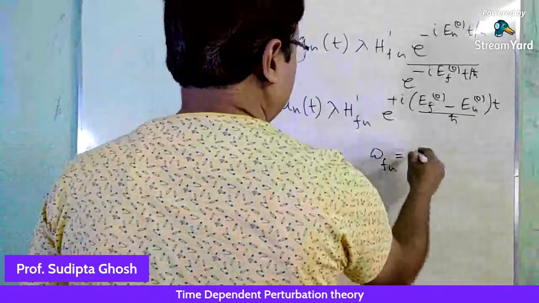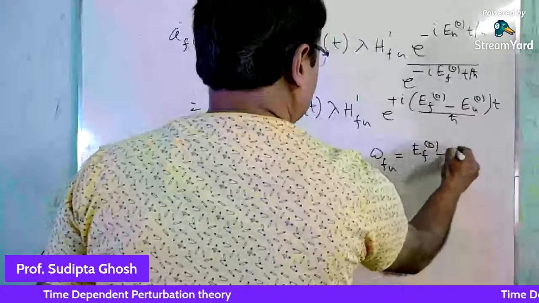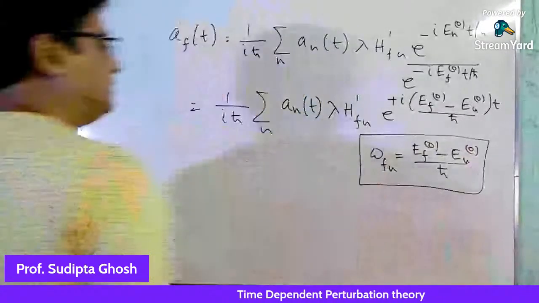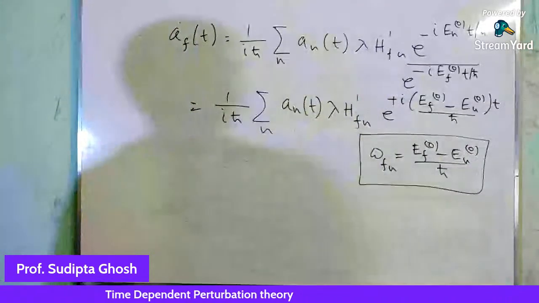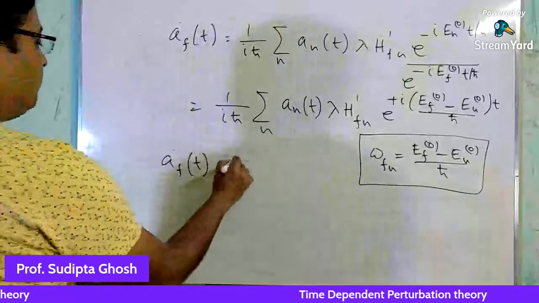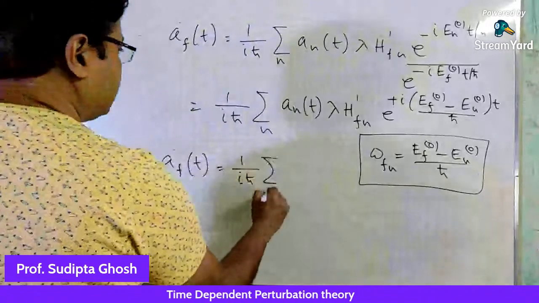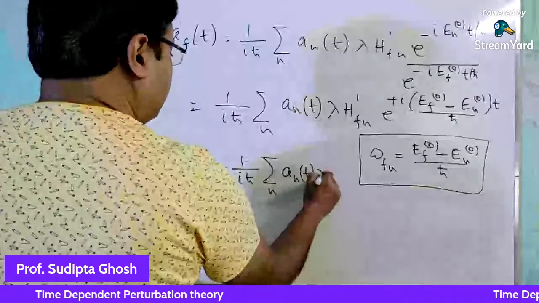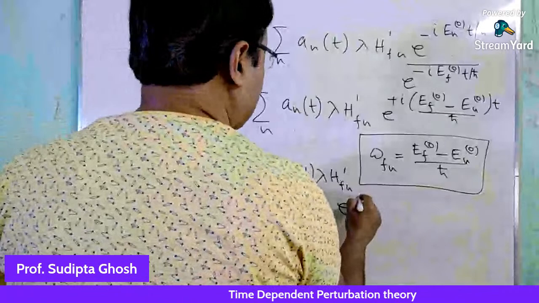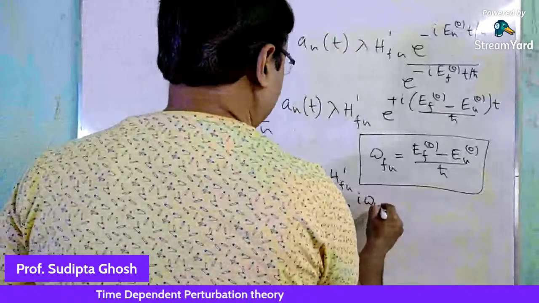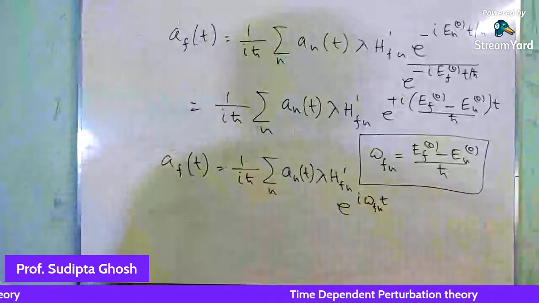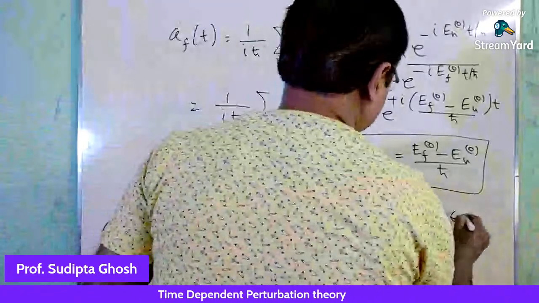So writing omega fn equals to ef0 minus en0 by h cut, this equation a f dot t becomes 1 by ih cut summation over n a n t lambda h fn prime, and this is e to the power i omega fn t. Let it be equation 6b.